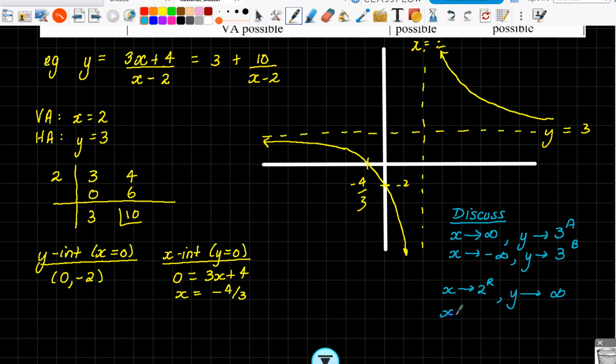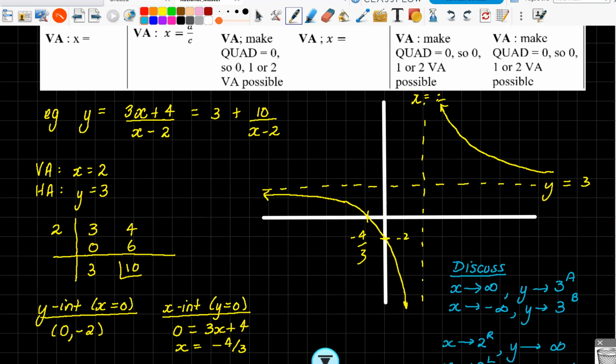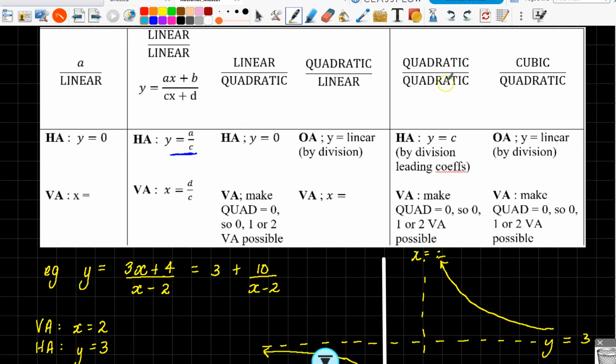And as we're getting closer and closer this way, as x is approaching 2 from the left, y is approaching negative infinity. This is going down, down, down. It's not always going to ask you to do that, but make sure you read the question. So we'll have a part 2 video where we look at quad on linear and quad on quad.